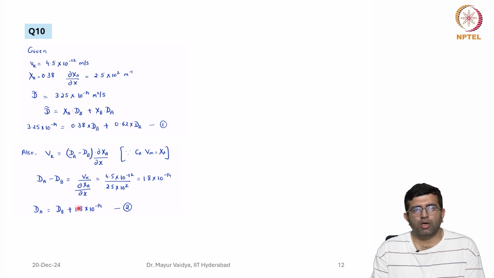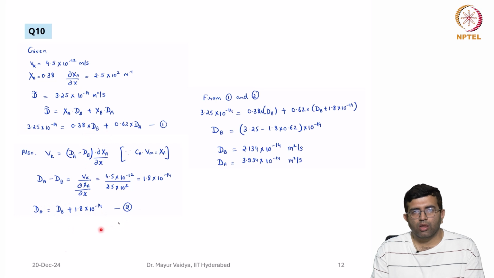Now if you substitute this DA in equation 1, what you get is 3.25 into 10 power minus 14 is equal to 0.38 DB plus 0.62 into DB plus 1.8 into 10 power minus 14.